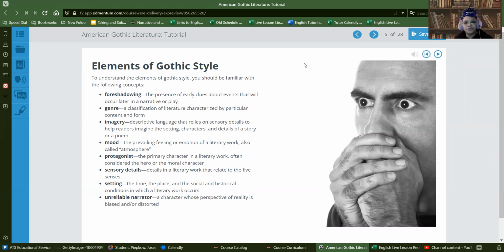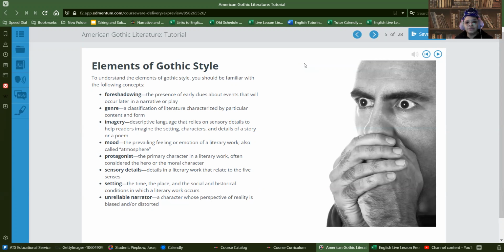So they go through foreshadowing, genre, imagery, mood, protagonist, sensory detail, setting, and unreliable narrator. All of these definitions are given to you in pretty plain language, so I'm not going to read through every single one, but I will stop on a couple that I think might be a little more difficult to understand.